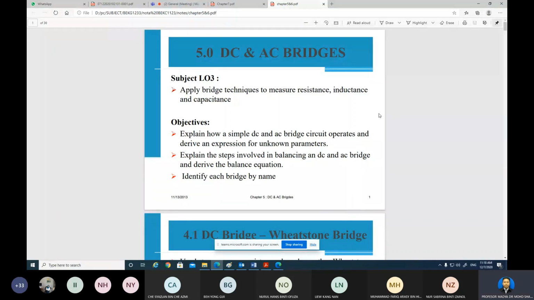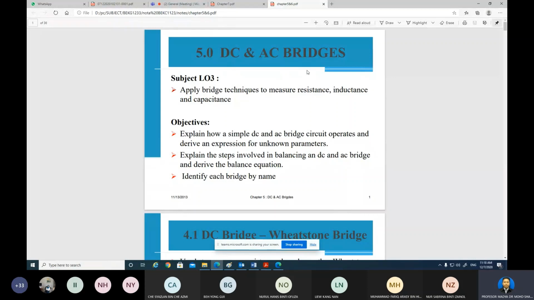Right, so for today, we focus on the DC and AC bridge that I mentioned to you. Chapter 5 is the DC bridge, and chapter 6 is the AC bridge. For DC bridge, normally we have two bridges: the Wheatstone bridge and the Kelvin bridge.